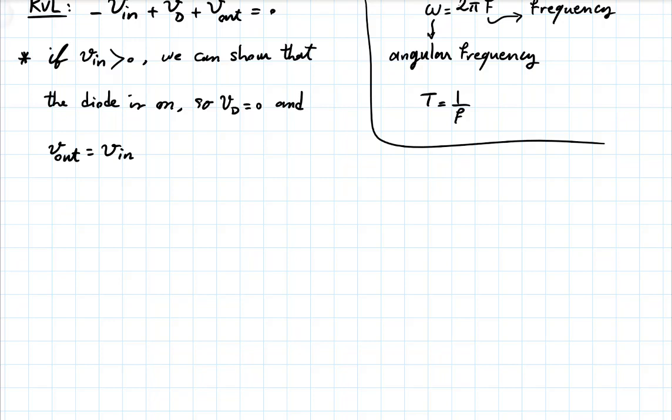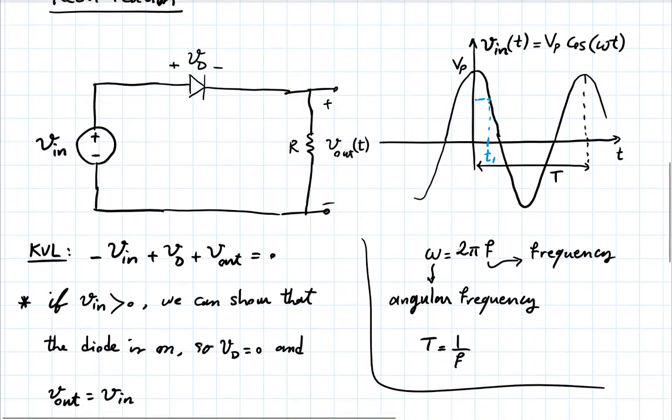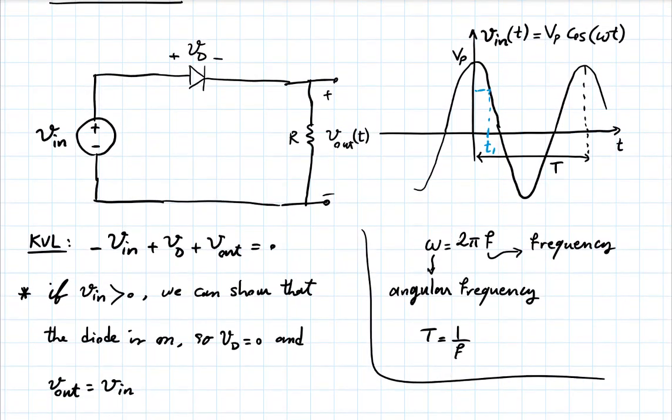On the other hand, if Vin is less than 0, so the other half of the cycle, right here, then what happens? So imagine the input was minus 3 volts. The diode is either on or off, right?